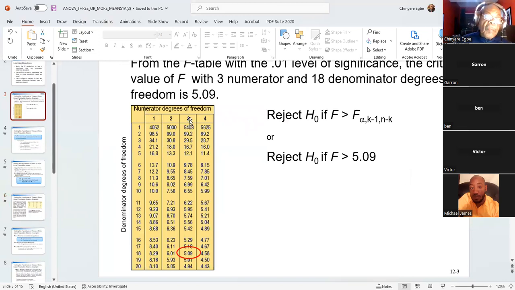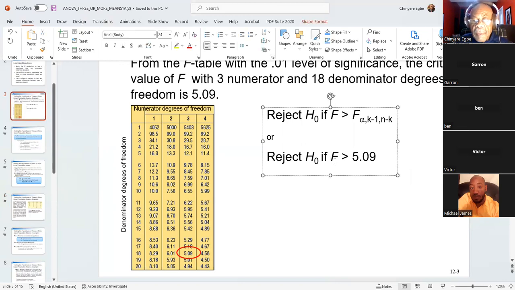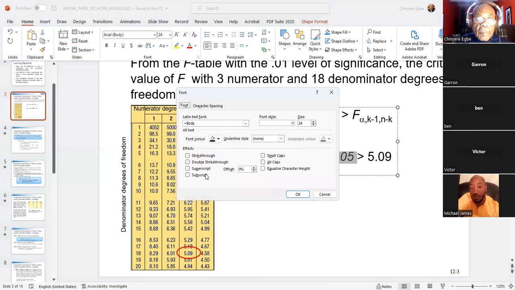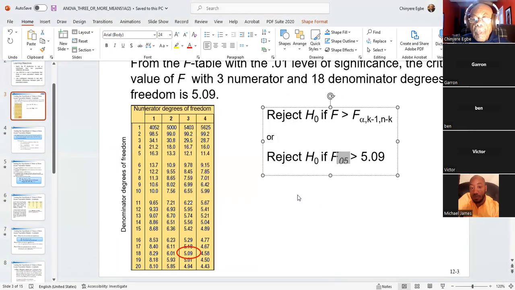Usually the F table has tables for specific levels of significance. And so our level of significance here is 0.05. So we have a 0.05 level of significance, 3 and 18 degrees of freedom, which gives us 5.09.